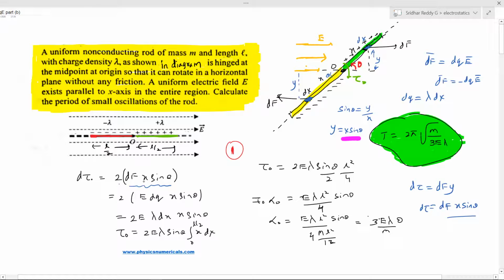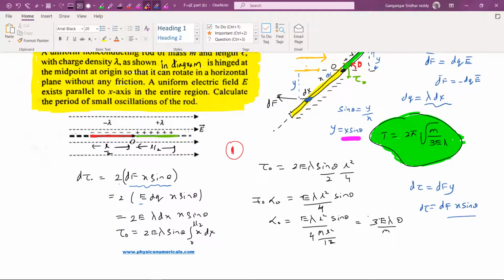Now further you can write dF as e dq, further dq as lambda dx. Okay, let me highlight things. These are some very important things.